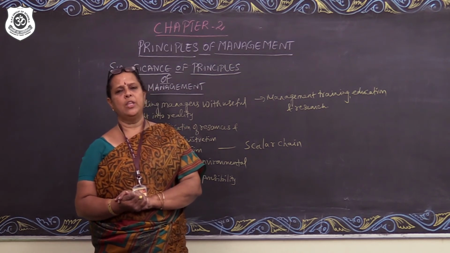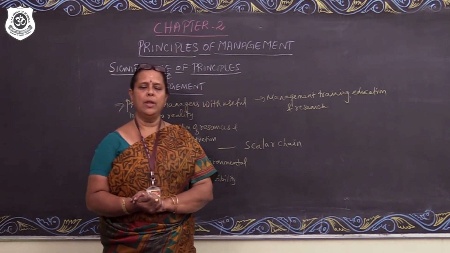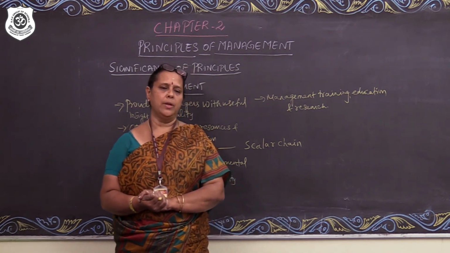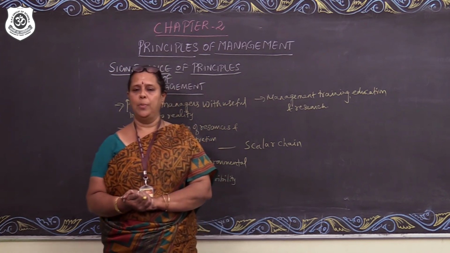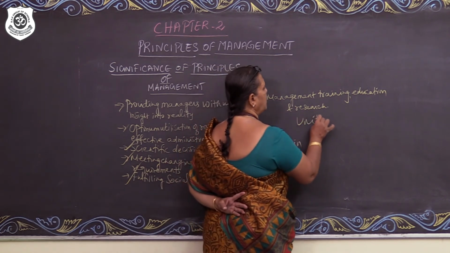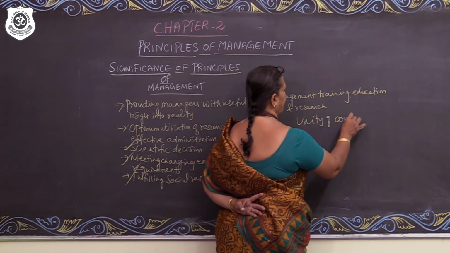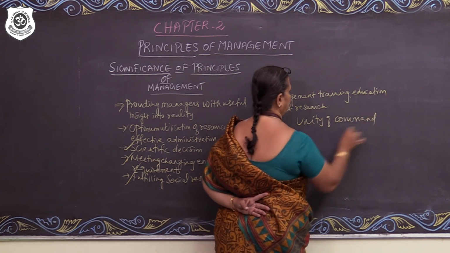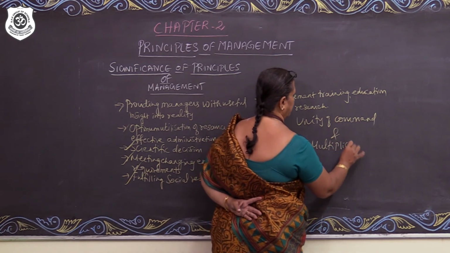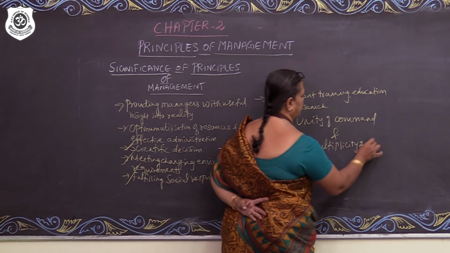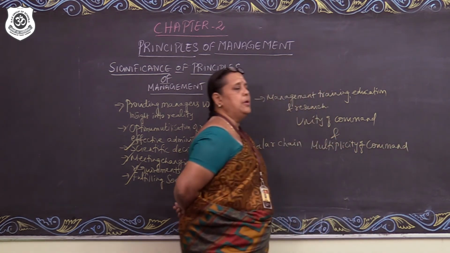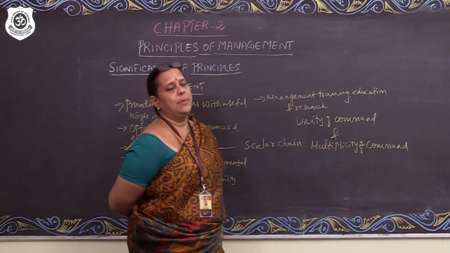So the principles of management should be thoroughly understood to define the level of training required for the employees, what type of new work is to be completed, what new things have to be adopted, etc. For example, the principles of unity of command and multiplicity of command.